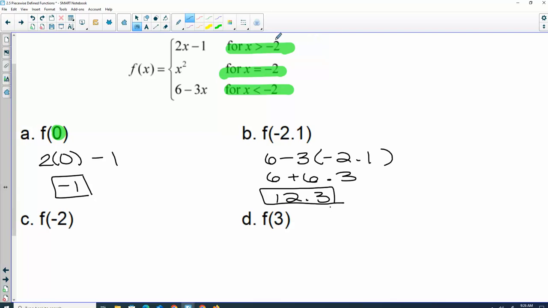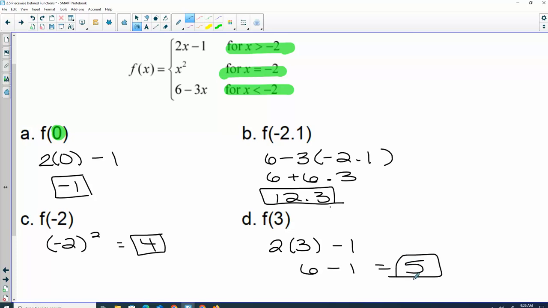Is -2 greater than -2, equal to -2, or less than -2? Equal. So we use the middle piece, which is x squared. -2 squared is 4. If I say f of 3, is 3 greater than -2, equal to -2, or less than -2? Greater. So we're doing the first piece again. Are there questions on that?